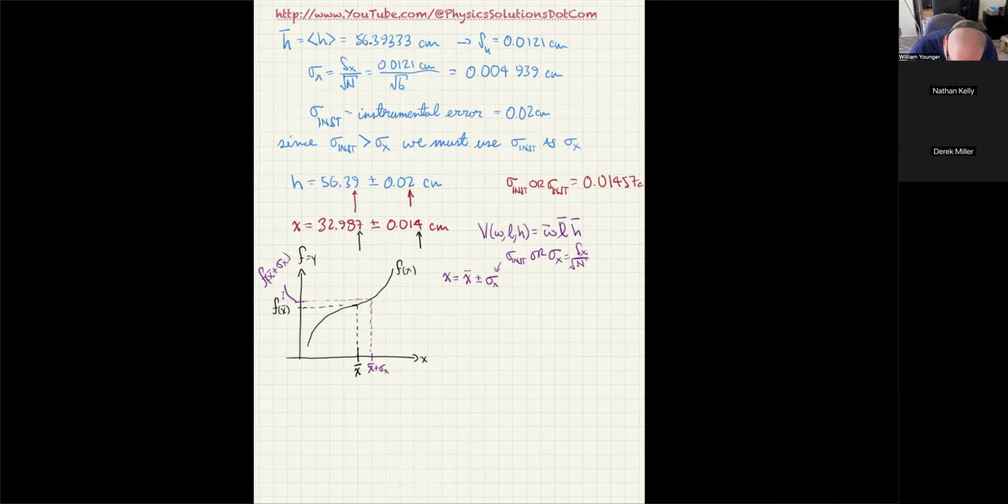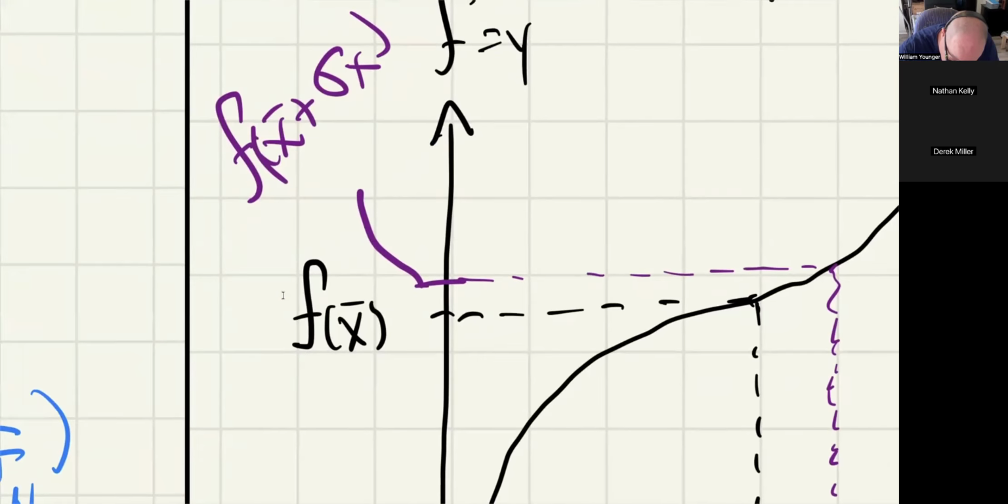So I think you can recognize that this distance right here is sigma f. That little distance is representative of the error in the function.